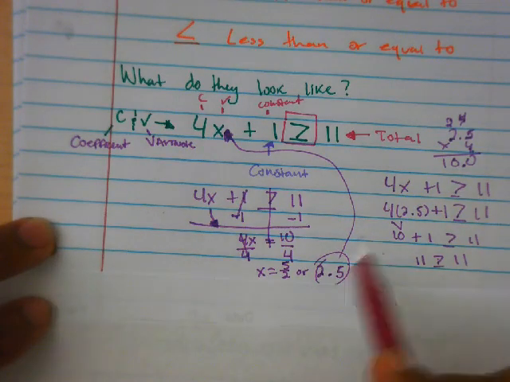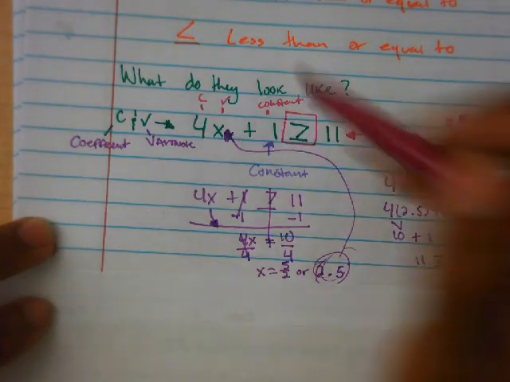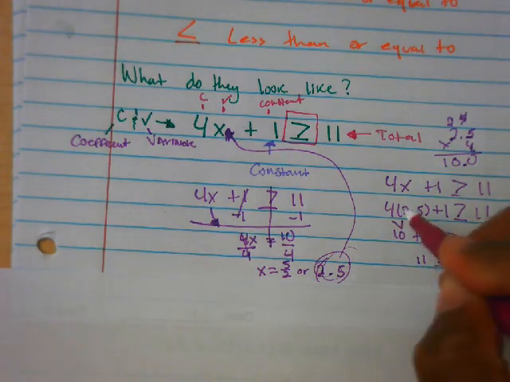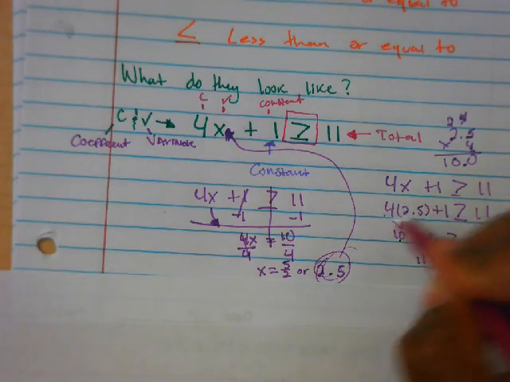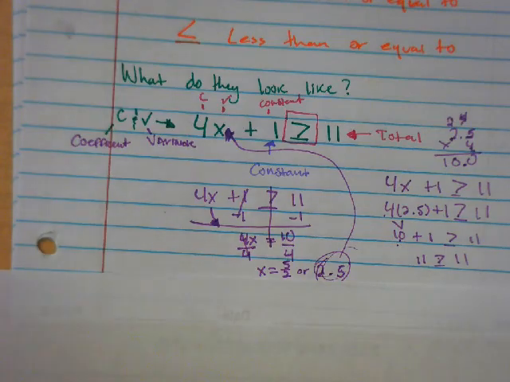Whenever I get this number, I plug that back into my function, and that'll tell me whether or not what I'm saying is true. And it is true that when I plug in 2.5, I get 10. I add the 1, I get 11, which is greater than or equal to 11. Now you may be saying, well, I thought you said they weren't equal.